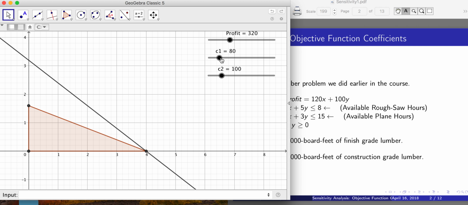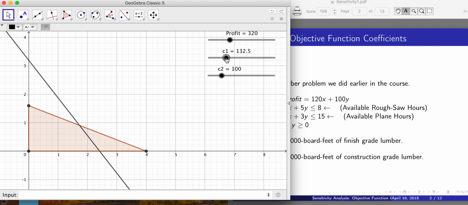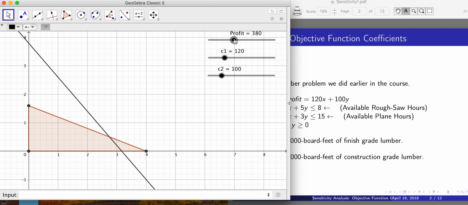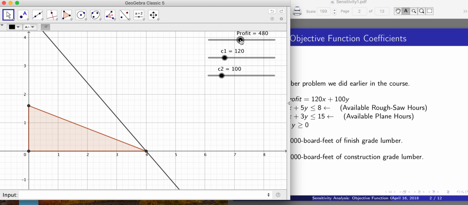So let's go back to the original problem here, where we had 120 and 100, our profit of 480, with our decision of 4,000 board feet of finished grade lumber to process, and then 0 board feet of the construction grade lumber. Now, what could make us change our decision?